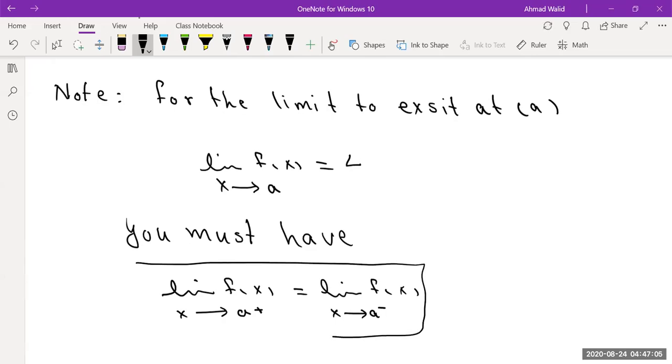If you don't have this condition, the limit doesn't exist.